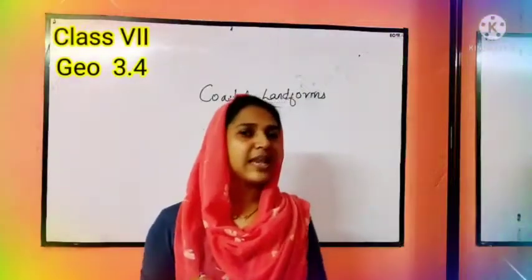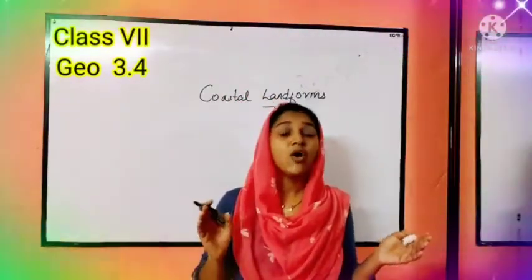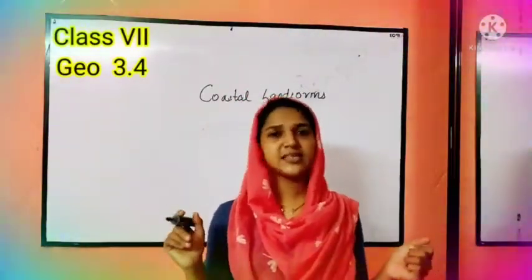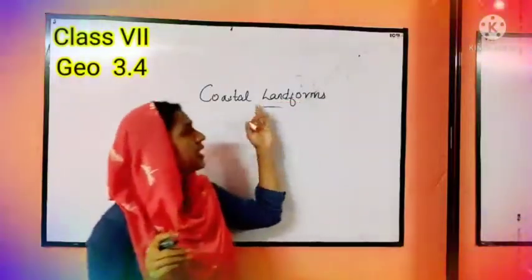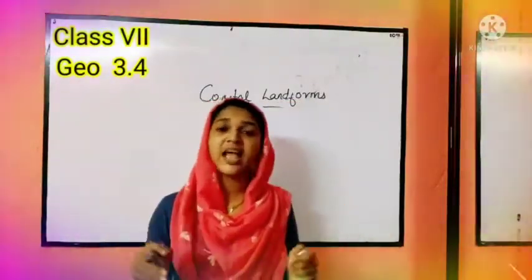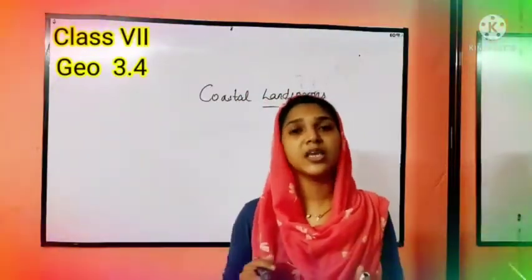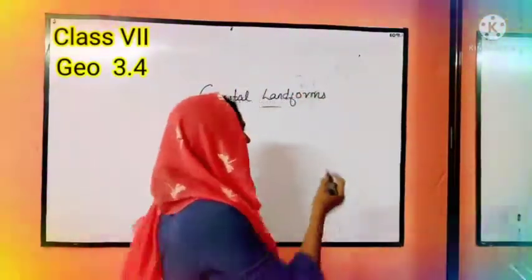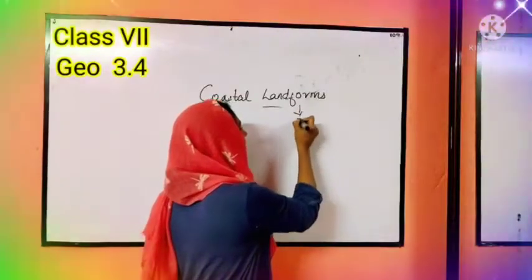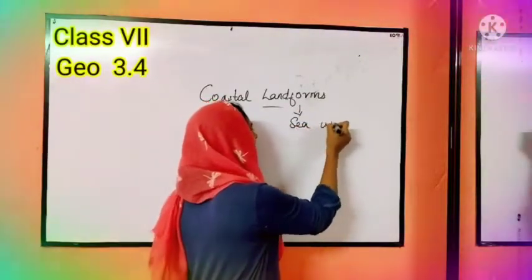We know the coastal area is nearer to the sea or ocean. Is it, students? So, the coastal landforms are the landforms created by the continuous working of sea waves. It is the result of sea waves.